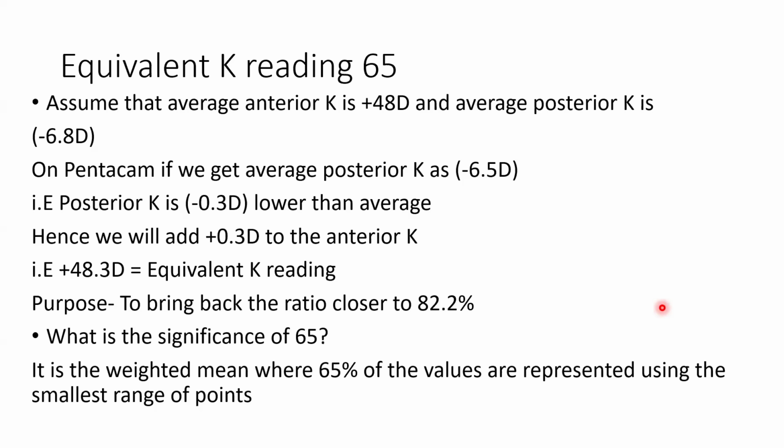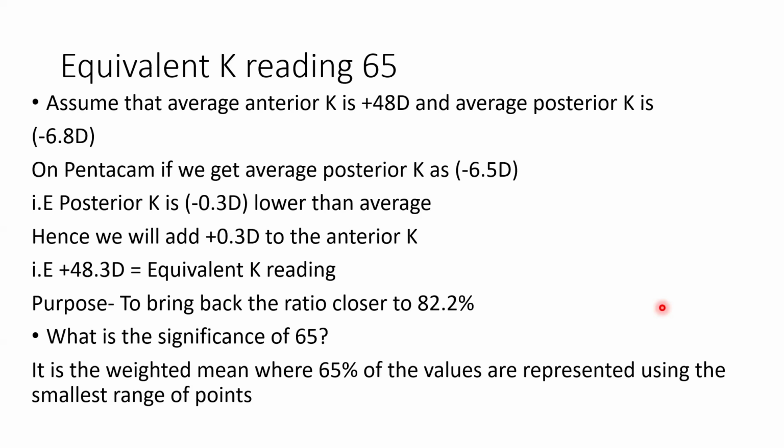Hence, to compensate for that, we will add plus 0.3 diopters to the anterior K. That is, an equivalent K reading of plus 48.3 diopters is gotten. What is the purpose of doing this? The purpose is to bring back the ratio closer to 82.2%, which is seen in normal corneas.